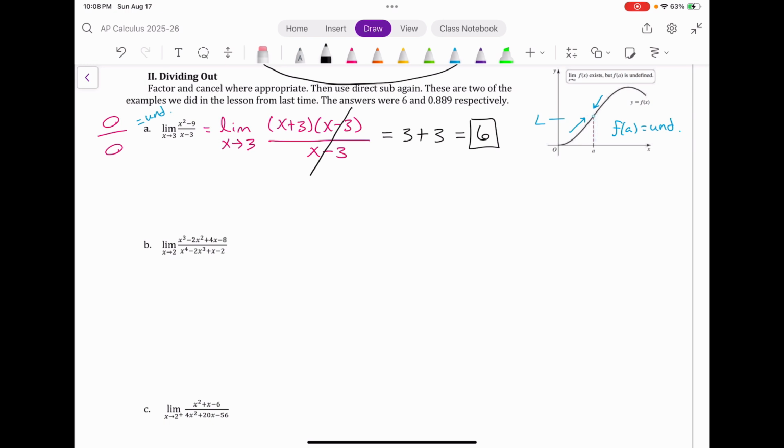So part B, if you plug in the x value you're approaching, 2, you will get 0 over 0, which means there's probably some algebra we can do. So we're going to factor by grouping. We can take an x squared out of the first two terms of the numerator.